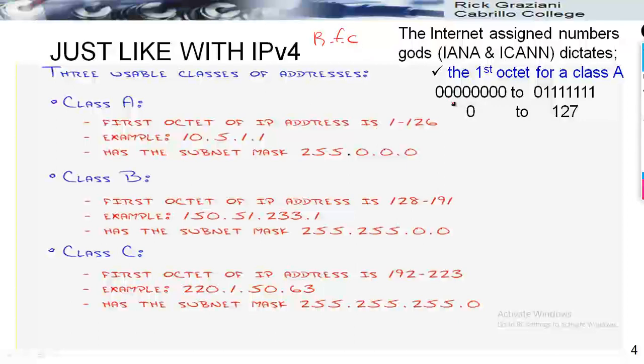So this is what I'm talking about, IANA and ICANN. These are the two bodies that manage IP addresses, yeah. So they said that the first octet, when you look at it in binary, the first bit has to always be 0.